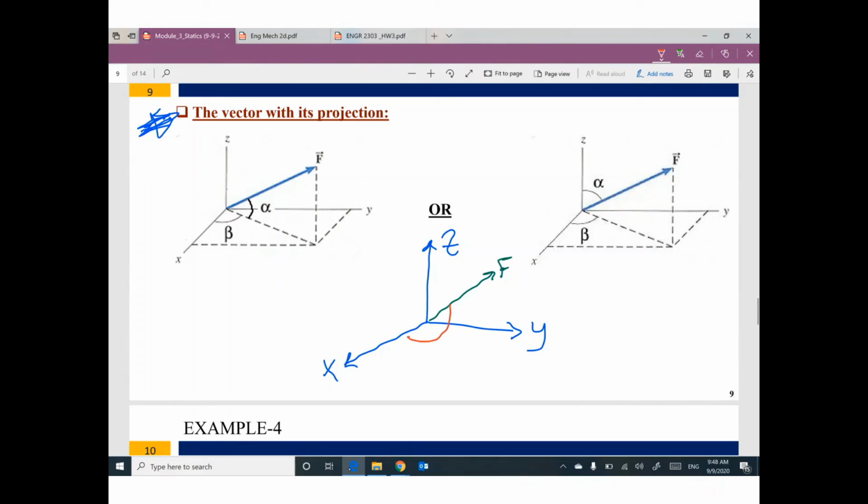This one alpha, this one beta, and this one gamma. What is the difference between this case and this one that we will cover on Friday? Look to these figures and tell me what is the big difference. Because if you cannot understand the difference, you will not understand what I will cover on Friday.